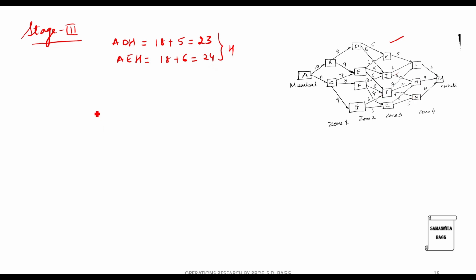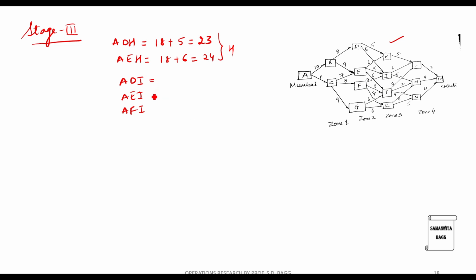Next I'll go to I. I can go from ADI, I can go to AEI, I can go to AFI. Now we will not halt at B and C. We will go to ADI, AEI, AFI. AG to I is not there.